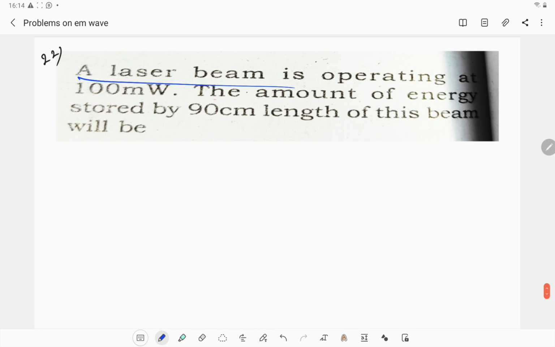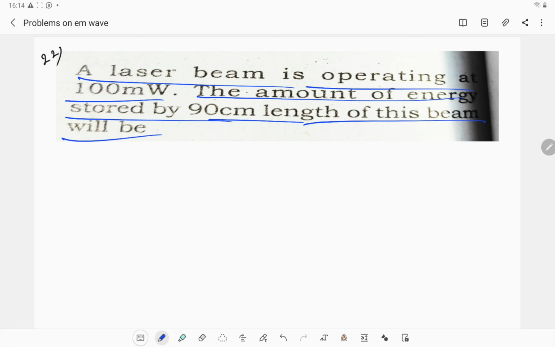A laser beam is operating at 100 milliwatt. The amount of energy stored by 90 centimeter length of this beam will be. So here energy density, energy per unit volume, this is U bar. U bar is equal to 1 by 2 epsilon naught E naught square. Energy means energy density into volume.